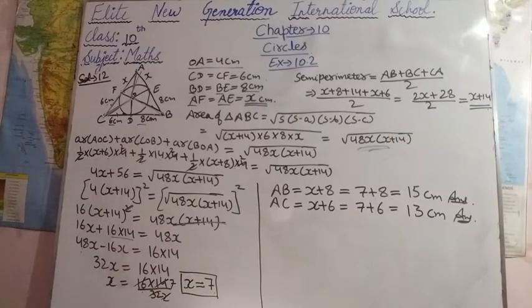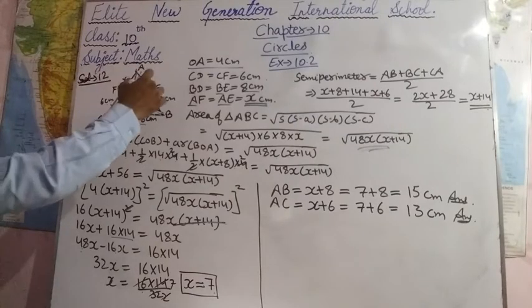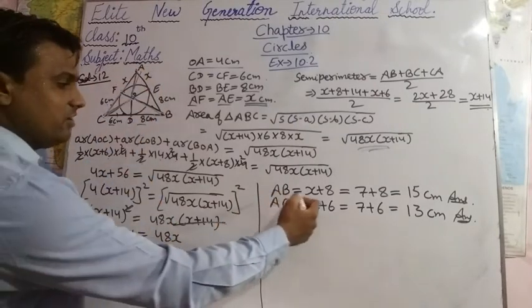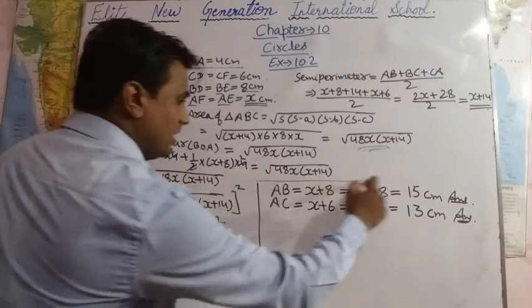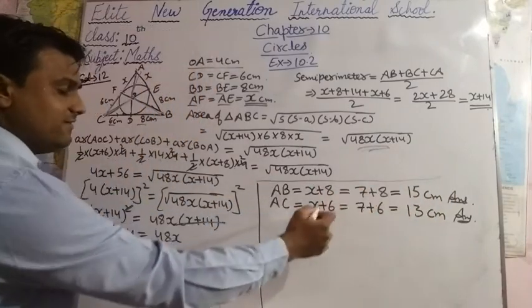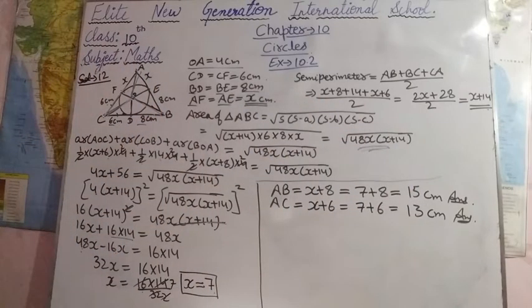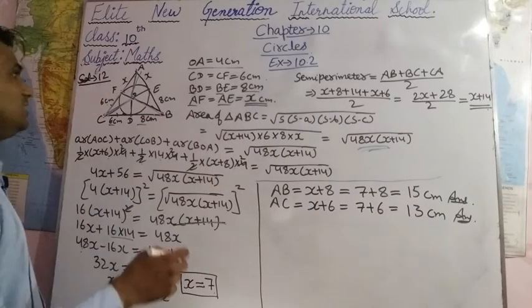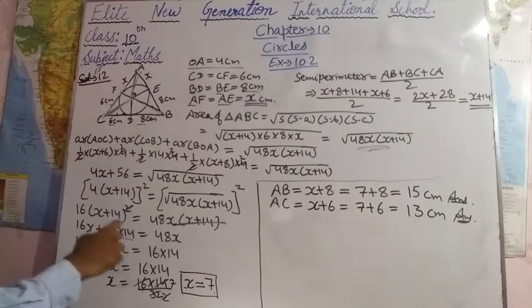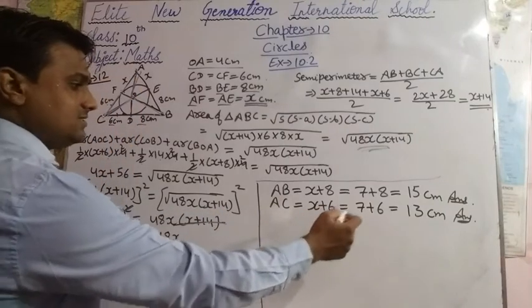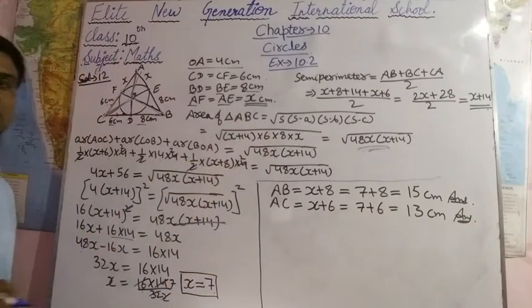Now after this we can find the values of AB and AC. So AB equals x plus 8, and the value of x we found is 7. So 7 plus 8 will be 15 centimeter. That means the value of AB is 15 centimeter and the value of AC is x plus 6, that is 7 plus 6, that is 13 centimeter.